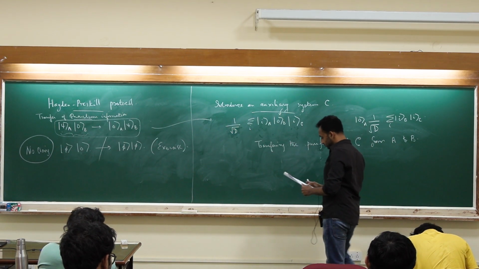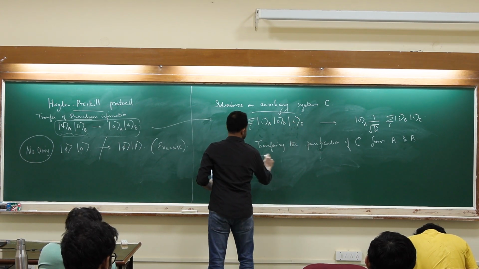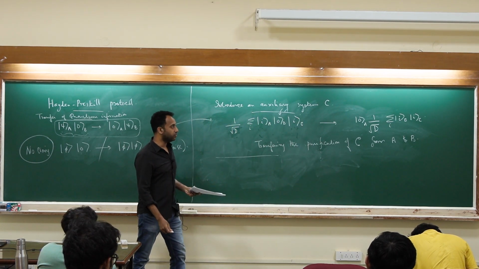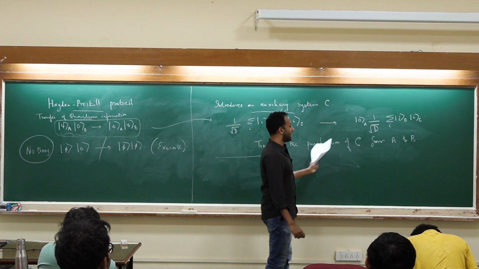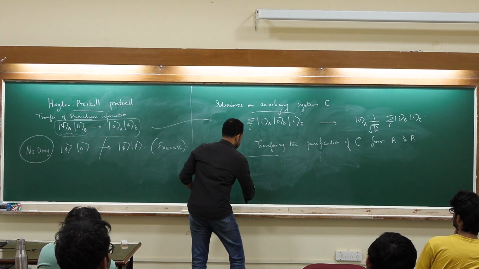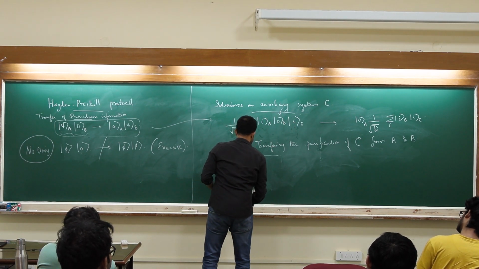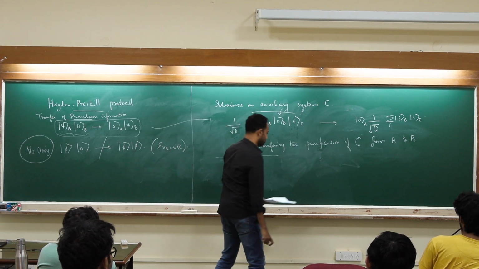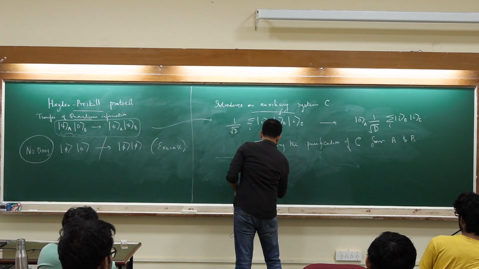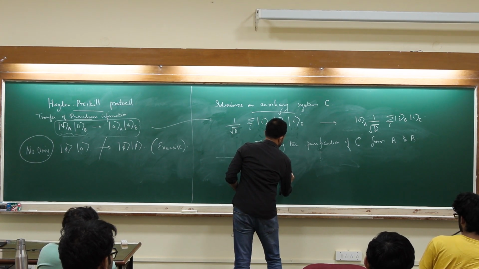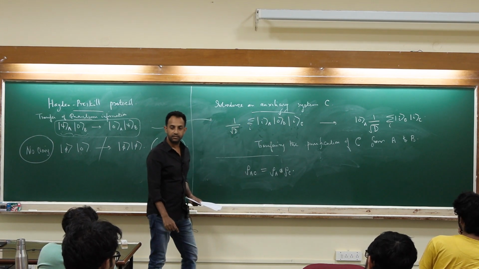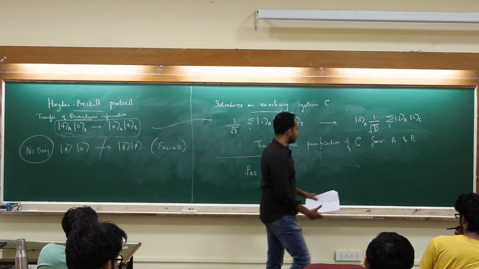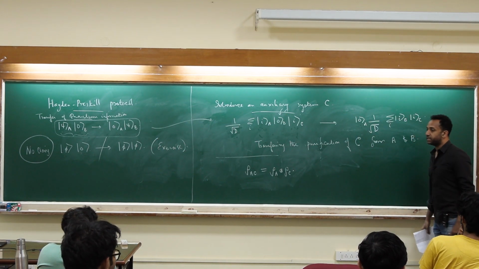In the final state, the way you can check whether this transfer has happened is by computing the density matrix of AC in the final state, and checking if that is the same as this. Because this A is just sitting there, it is completely unentangled.